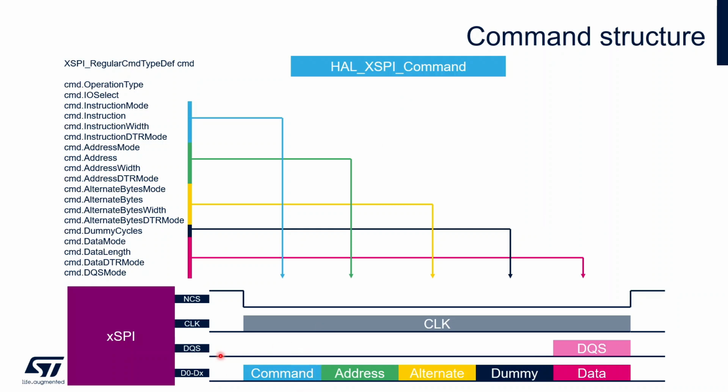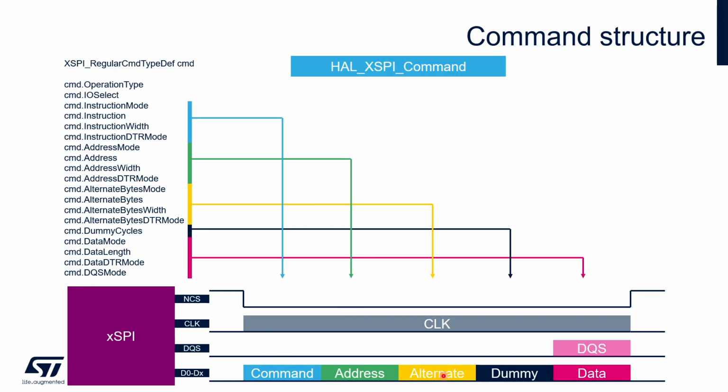First is the command information. It usually consists of the mode, the instruction which we want to send, the width of the operation, and whether we will use the double data rate. Then the address will be sent. So again, we use the mode, send the address, the width, and the double data rate.